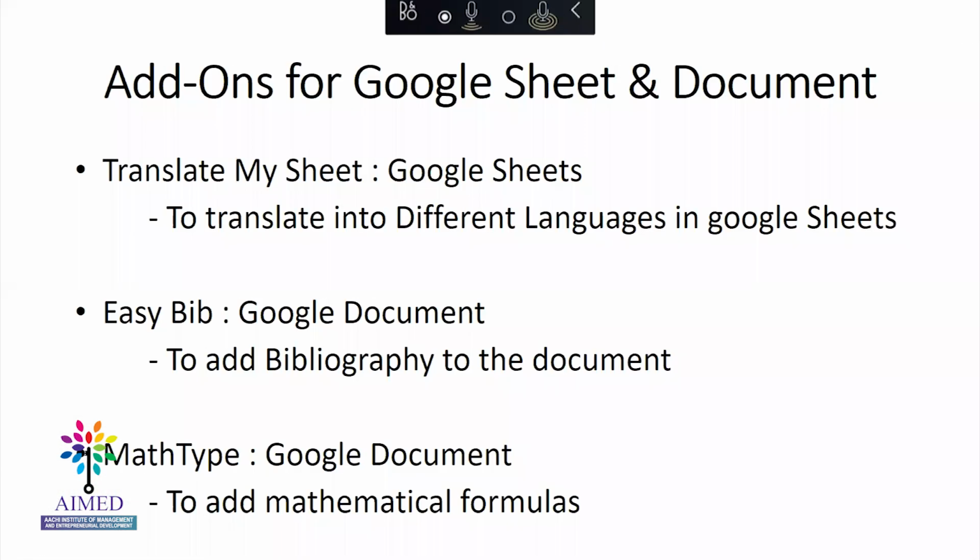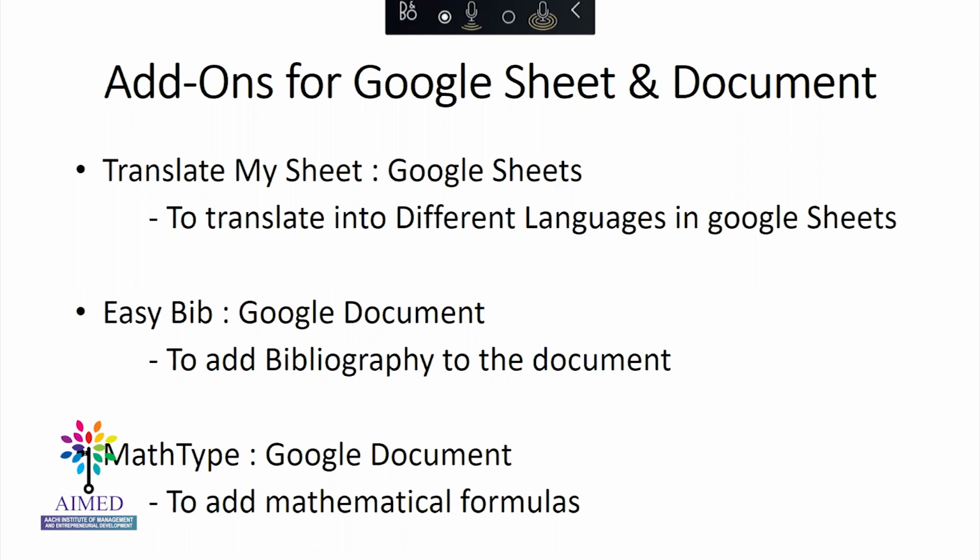Next, we are going to see these 3 add-ons. The first one is Translate My Sheet, which will be very helpful in translating the contents of sheets into different languages. And next we are going to see EasyBib. This is an add-on on Google Docs, which will be very helpful to add the bibliography at the end of the document.